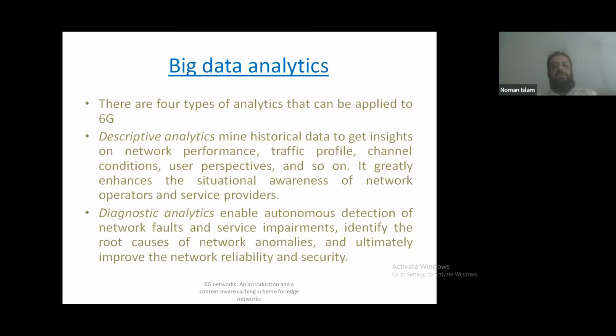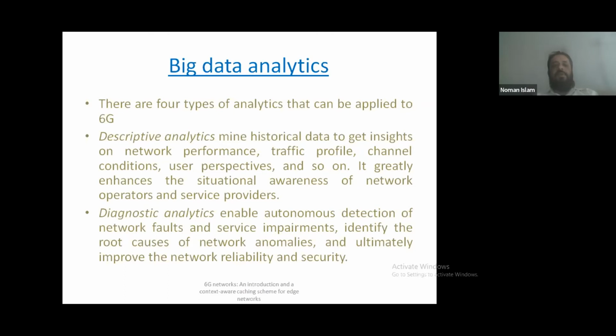Then diagnostic analytics can be used to determine the possible cause of a fault in the network, why a particular fault has occurred, identify the root cause, the particular anomaly that is causing the malfunction in the network, and then based on that we can improve the network reliability and security.